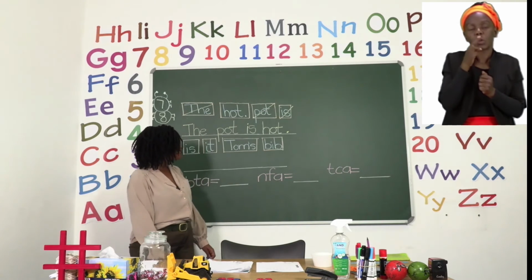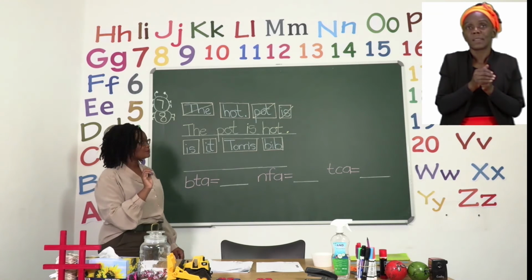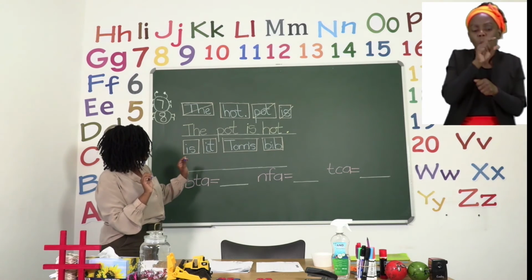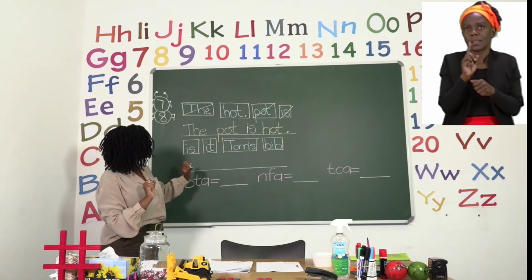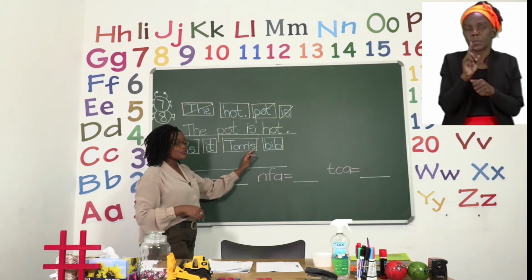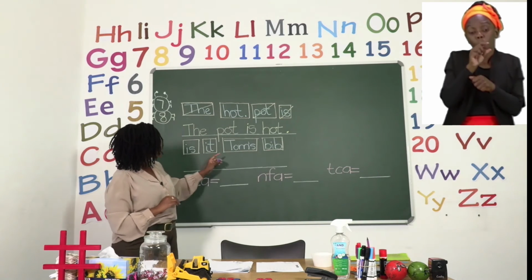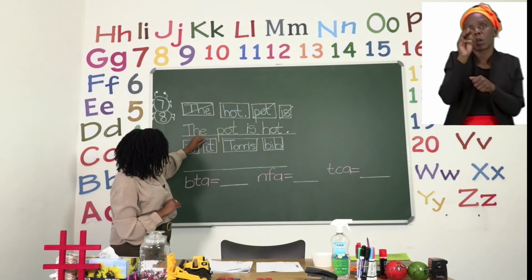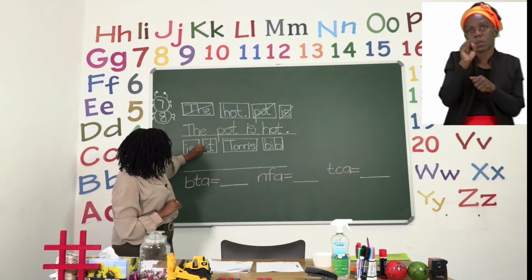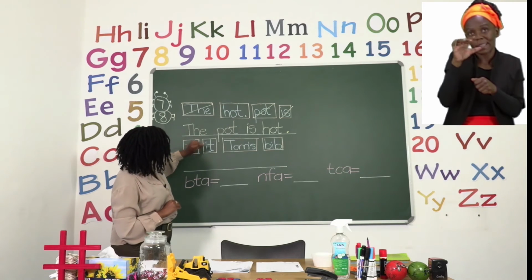So we are going to start with our magical word. The first one that we're going to do is the word Tom's. You can see that the word Tom's has a capital letter T. Then this one also has a capital letter.